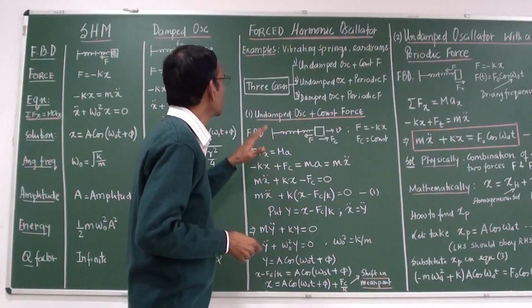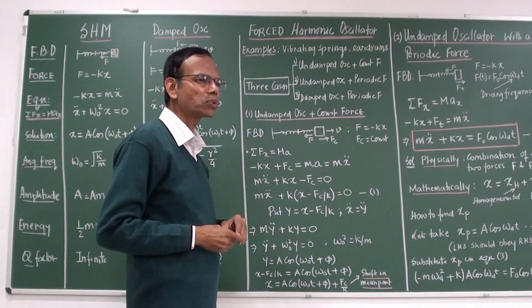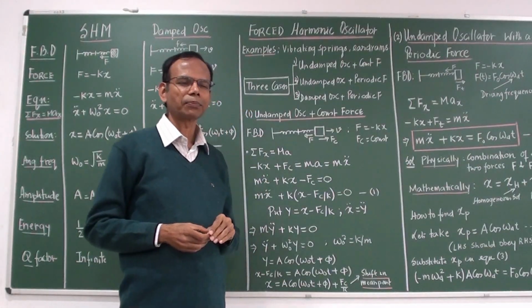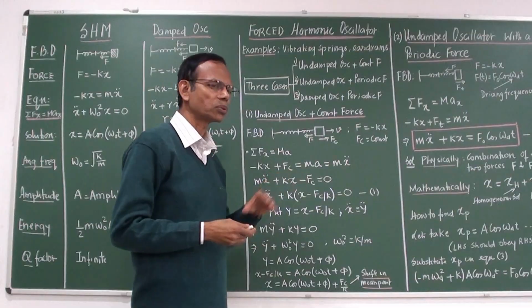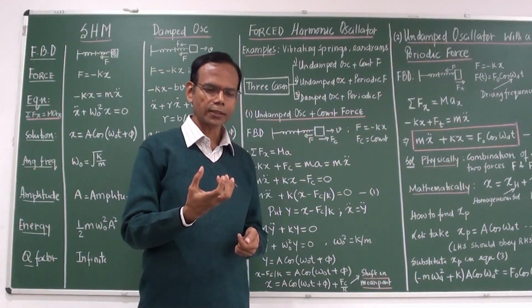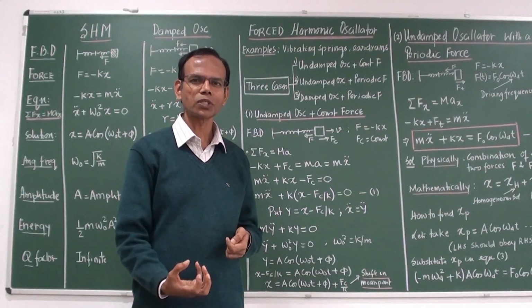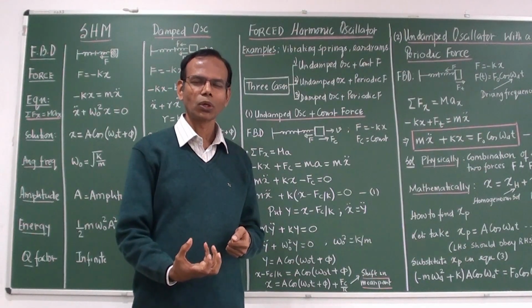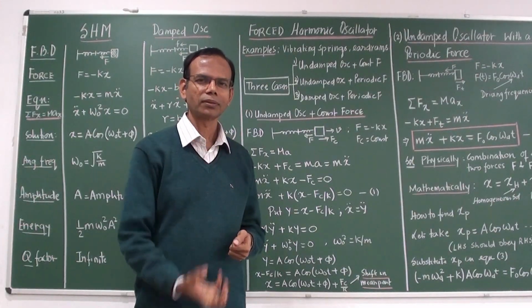Alright. So let us take some examples of forced harmonic oscillators. One example, the simplest case that we are going to study, is a mass attached to a spring in gravity. Gravity is basically a constant force, so it is a forced oscillation.